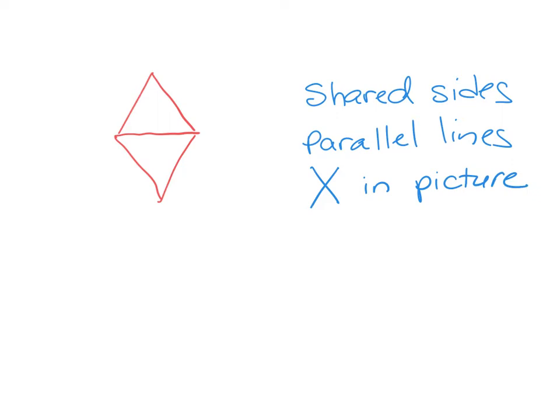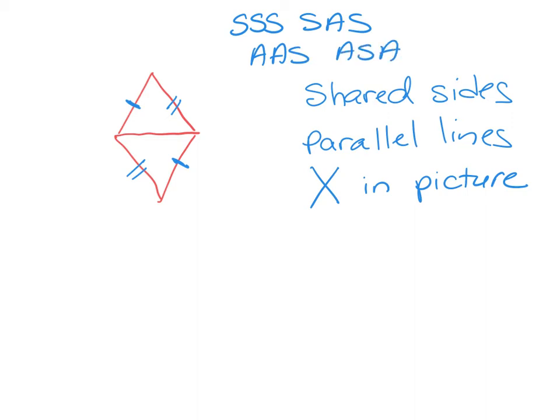Let's say they give you this picture where they say this side here is equal to this side here, and this side here is equal to this side here. Well, I have side, side, side, side, angle, side, angle, angle, side, and angle, side, angle. Okay, those are my four choices.